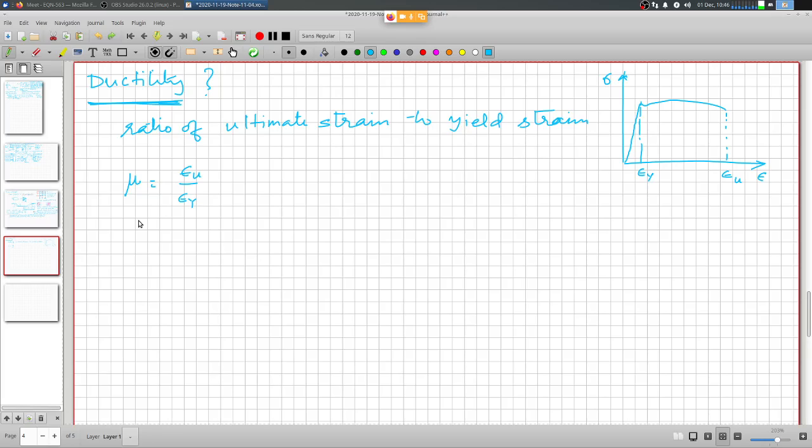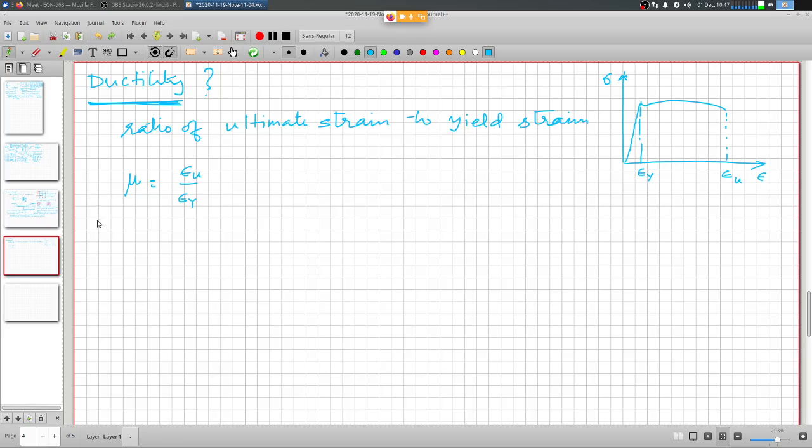Now, obviously, this is defined for material testing itself, when you can pull the specimen in a UTM and carry out this kind of test. This definition is not really very convenient for something that we deal with for reinforced concrete sections.